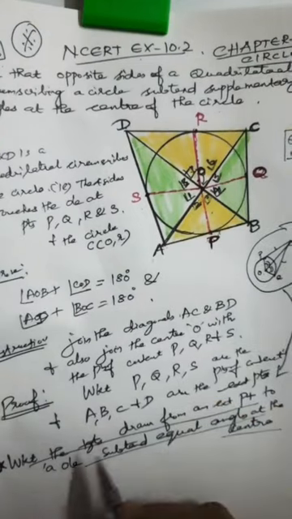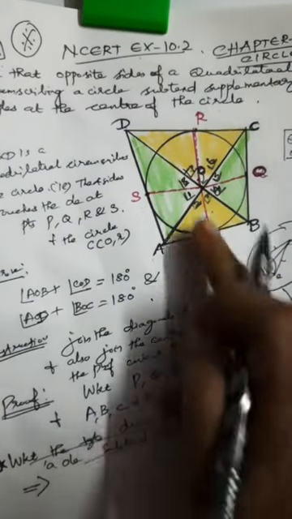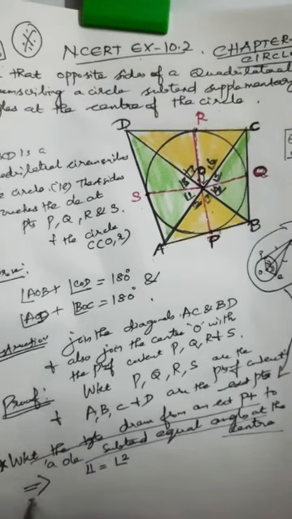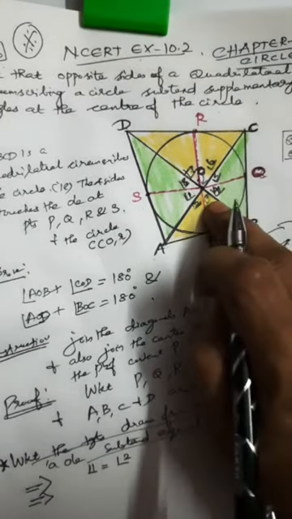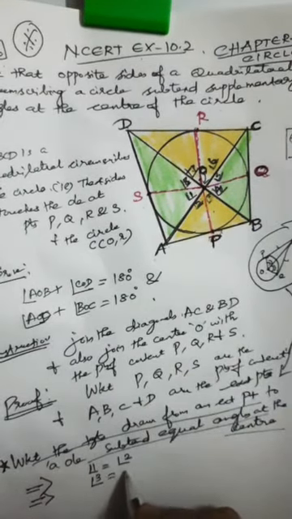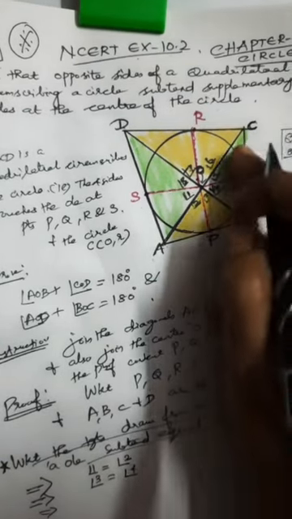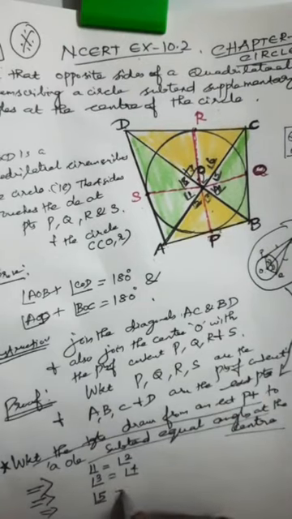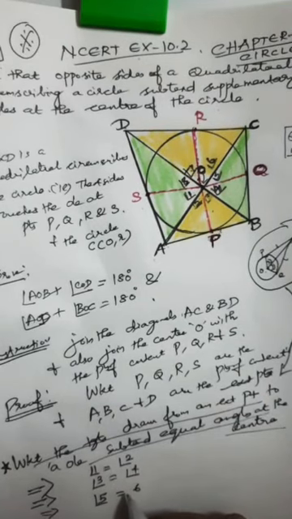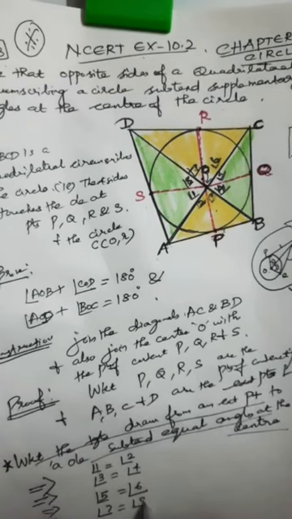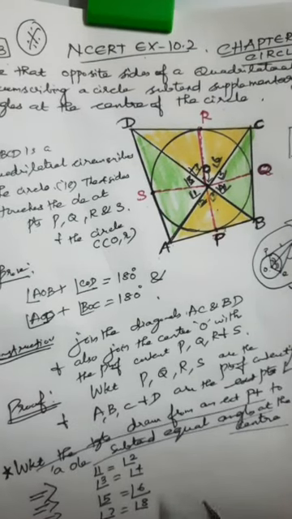So that implies angle 1 will be equal to angle 2 and angle 3 will be equal to angle 4, and angle 5 will be equal to angle 6 and angle 7 equal to angle 8.